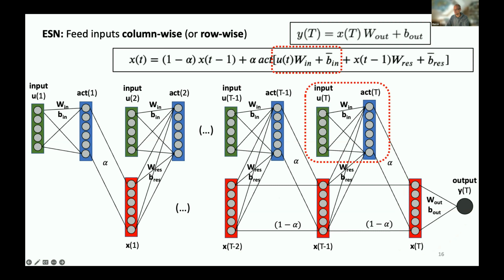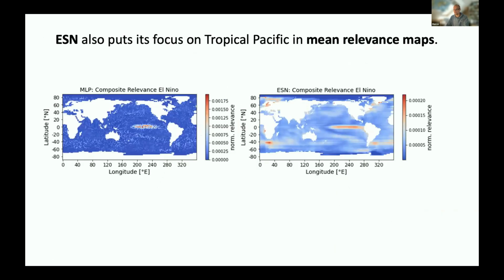And this green thing here is the input for time step capital T, and we got the green inputs in every single layer, or every single time step. These relevance scores can then be composed back to a two-dimensional heat map again. And the result is shown here on the right-hand side for our echo state network.